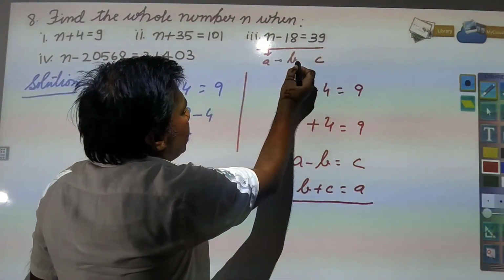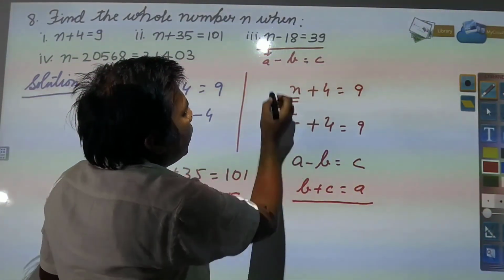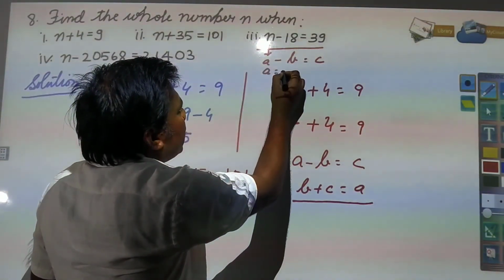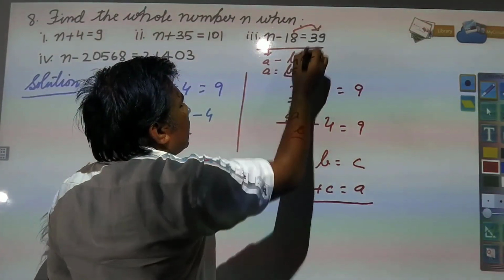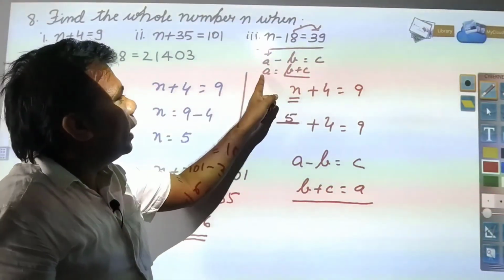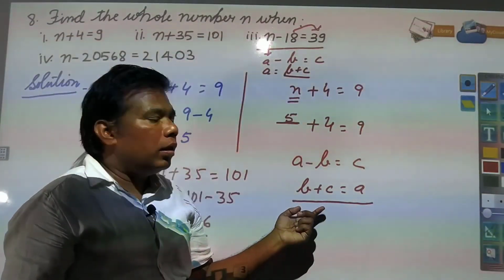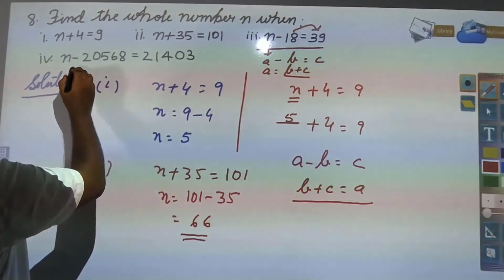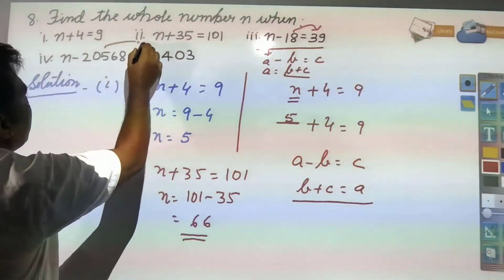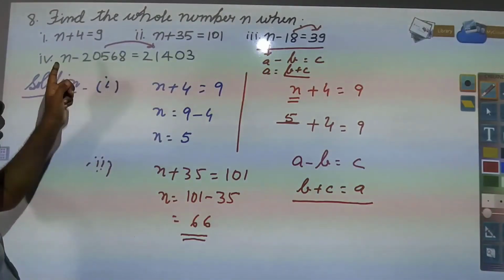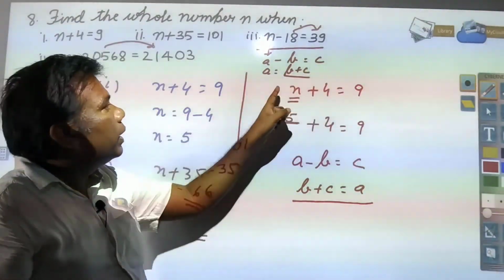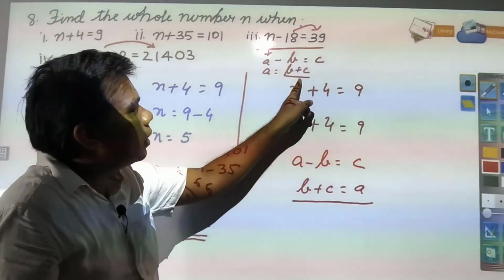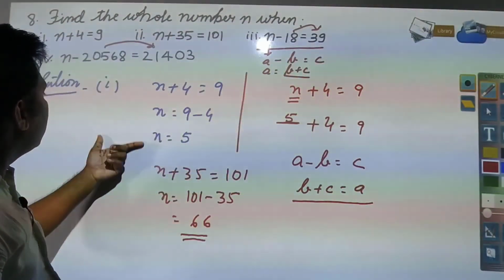So a minus b is equal to c, so a will be what? b plus c. So just add these both numbers, you will get n. Here also the same thing is required to be done. If a minus b is equal to c, then a will be b plus c. So in this way this is required to be solved.